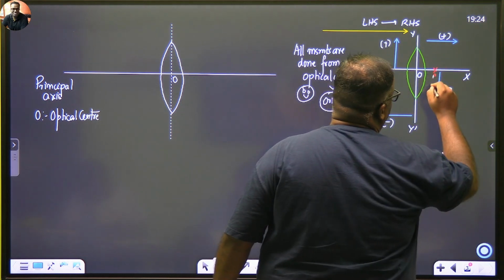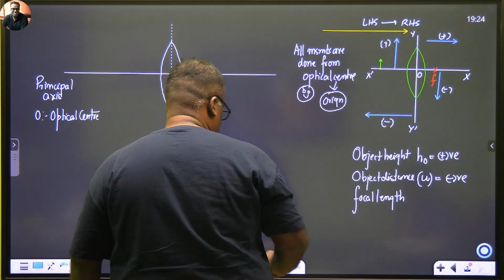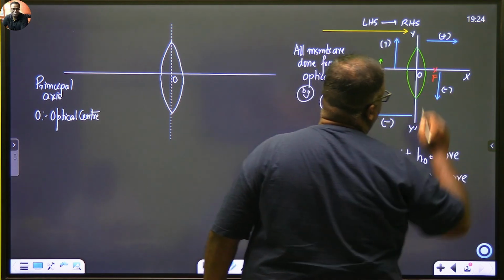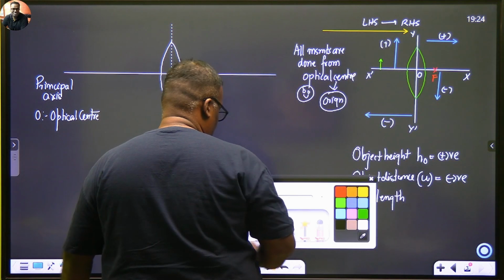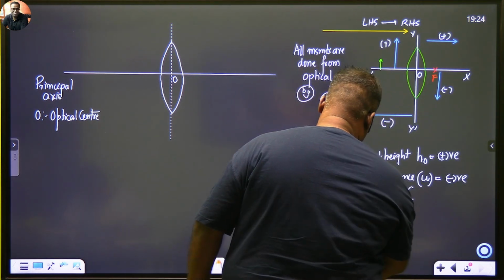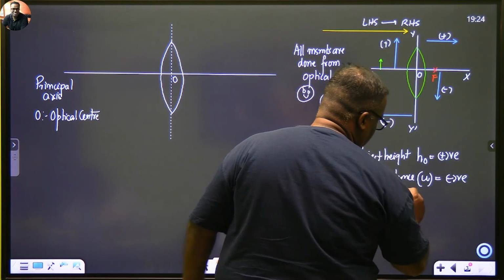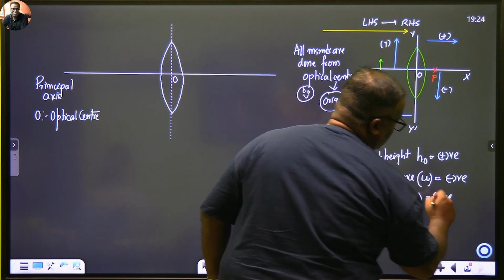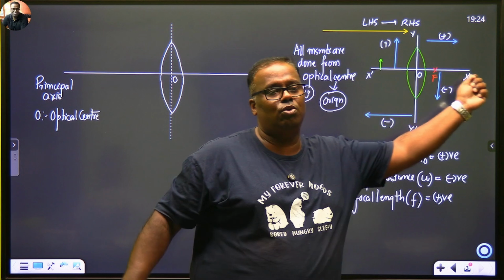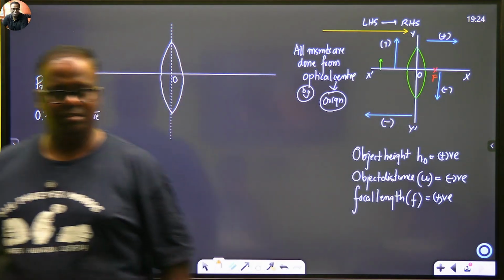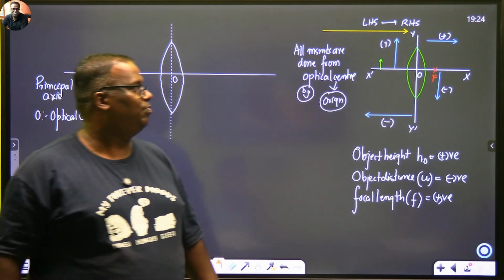I'm writing this as F, right? I should write this as capital F. F is the focal length, which is denoted by F, and should always be positive. Why? Because I'll be measuring my focal length from the optical center. Have you got it? Okay.